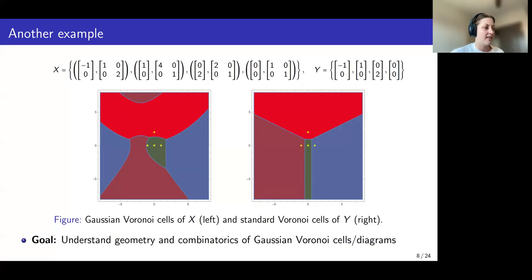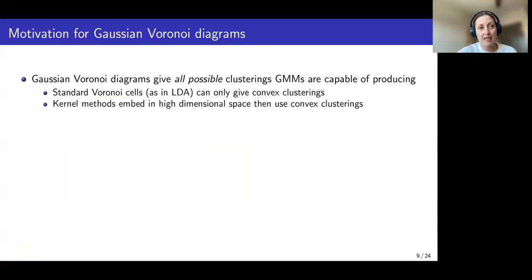So this is, I think the title of the seminar said the seminar on theory and applications. And okay, so I gave you the data science application, but you might ask, even if I care about this specific problem of Gaussian discriminant analysis, why is studying Gaussian Voronoi cells the right approach to take?